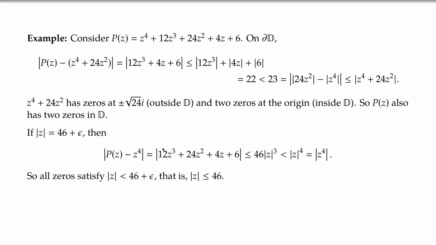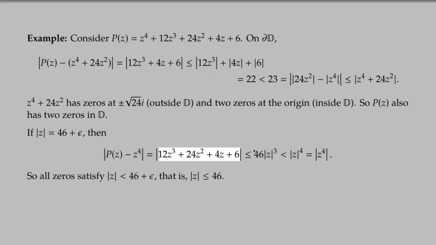So if we do this subtraction, we get this expression over here, and we're just going to estimate it in the simplest possible way. We know that mod z is bigger than 1, so we apply the triangle inequality, and then we just multiply by the right power of mod z to get all the parts to be 3. So this is a fairly rough estimate, but it works.